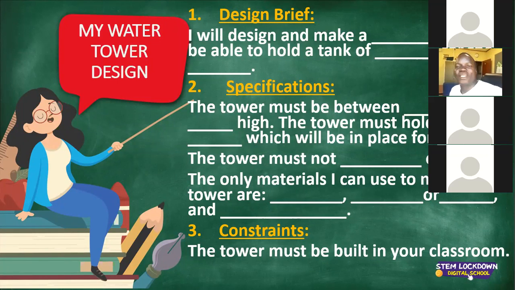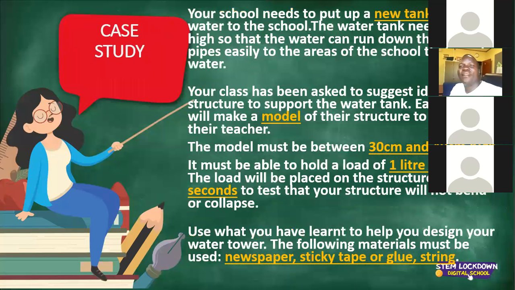Let me come to specifications. Specifications is how it must look. You remember, on my case study, there are measurements, which you must fill in on the specifications. Thank you, Mrs. Khalid. On my case study, here are the measurements.